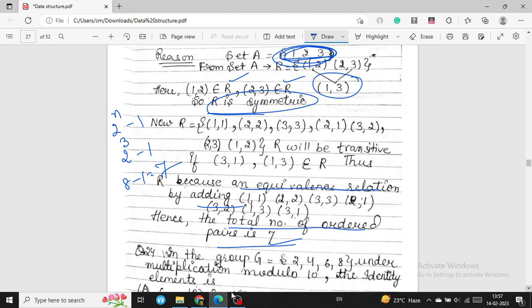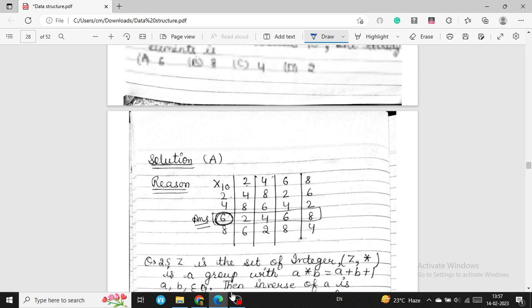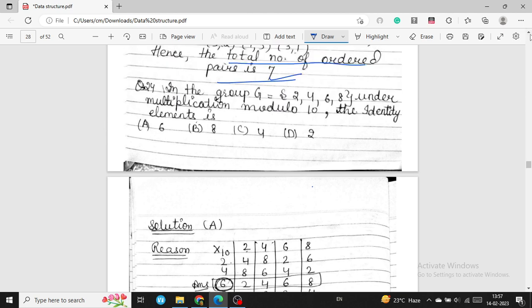Now the next question is taken from group theory.